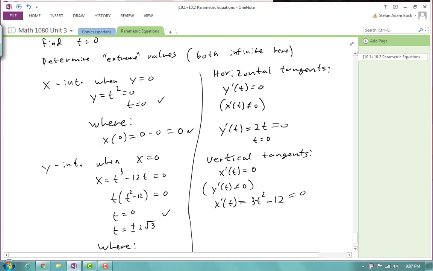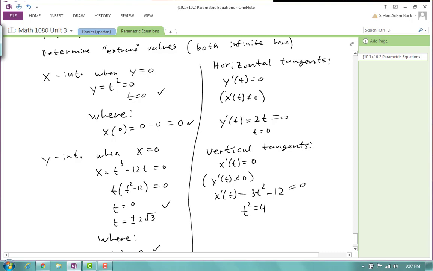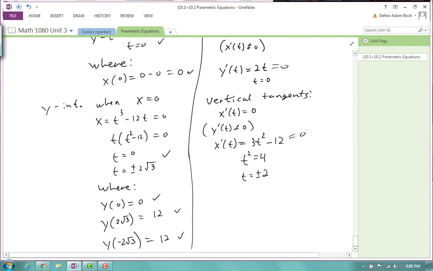And if that's equal to 0, that means that t squared is equal to 4, which means that t is equal to positive or negative 2. So I have vertical tangents when t is equal to positive or negative 2.